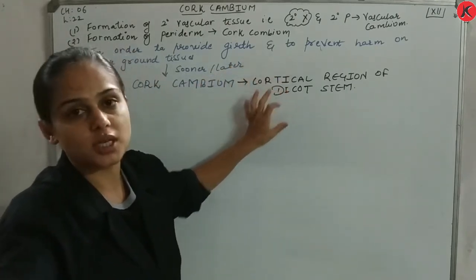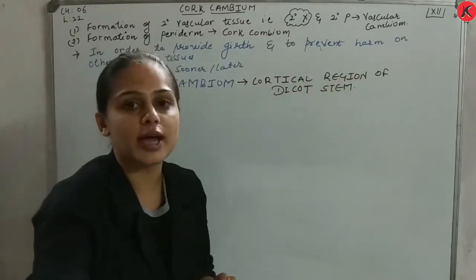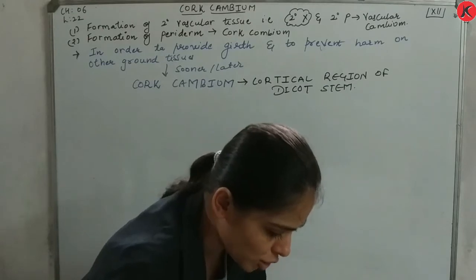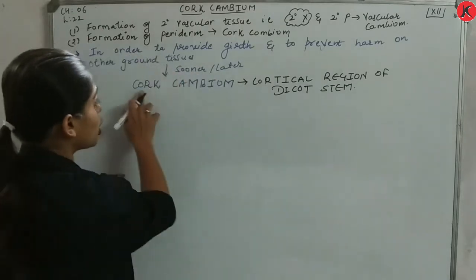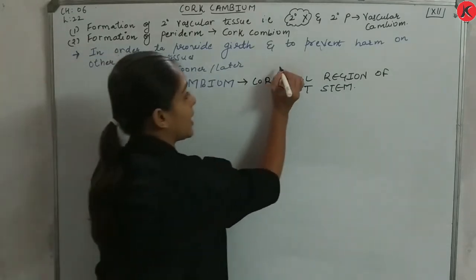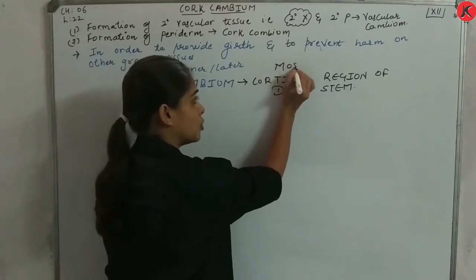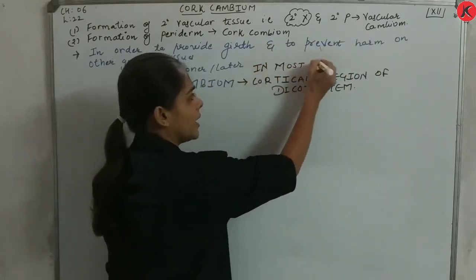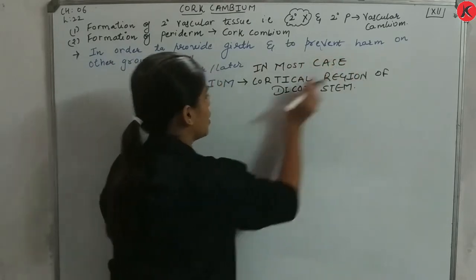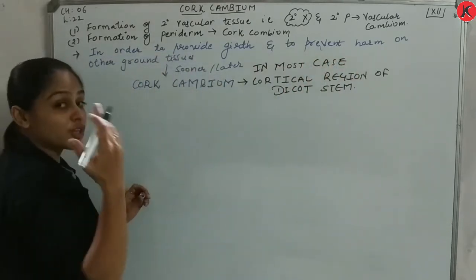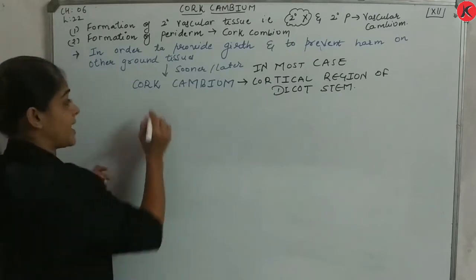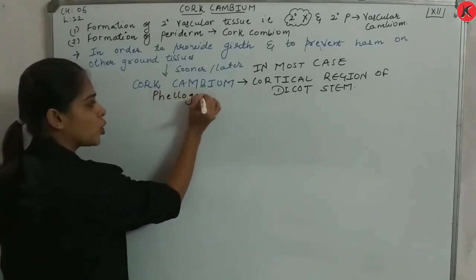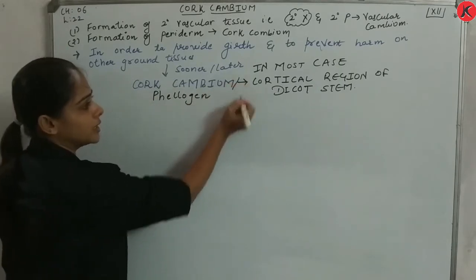ओके, तो मैंने इसका लोकेशन बताया आपको. It develops in cortical region of dicot stem. Most probably, in most cases, your cork cambium, which is also called by another name, is very important, cork cambium को कहा जाता है phellogen.